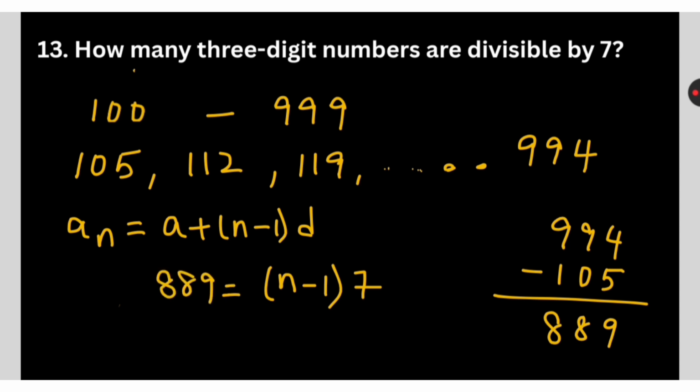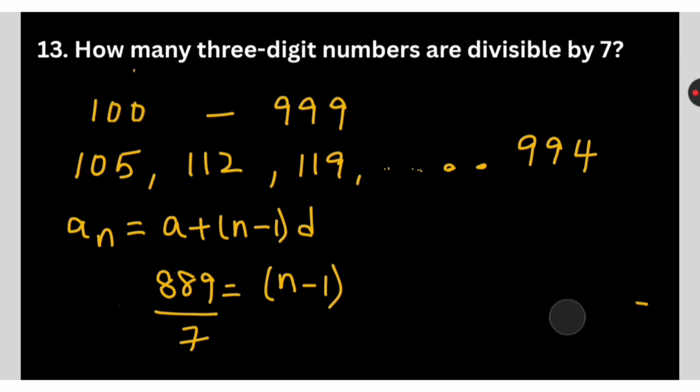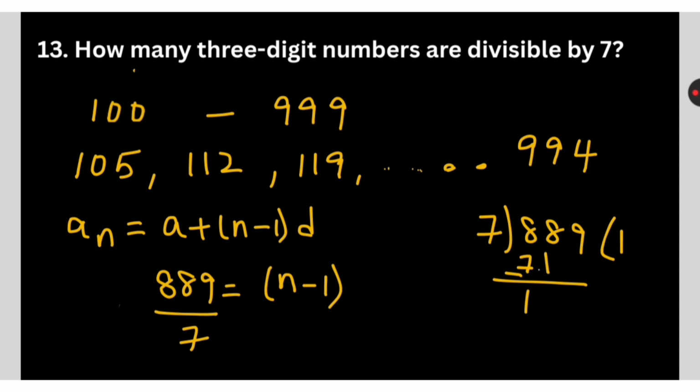Now we have to divide both sides by 7. Then 7 gets cancelled, so we are left with only n minus 1 on the right hand side. Now I have to divide 889 by 7. 7 ones are 7. Then here we get 1. Bring down this 8. 7 twos are 14.